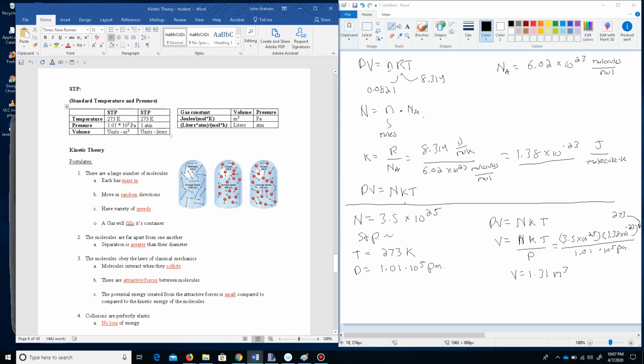So for the gas constants, to use the one that has joules, you need meters cubed and pascals for pressure. And to use the one that's liters, atms, you need liters and atms, which is easier to remember. So that's just a helpful table to try to get your head wrapped around it.